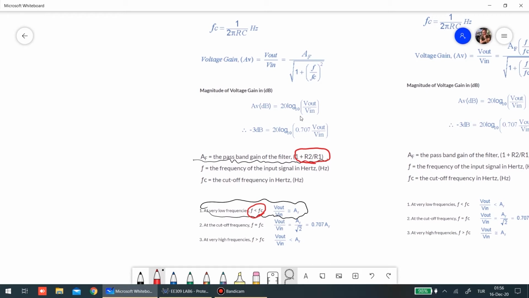For the frequencies lower than the cutoff frequency, the gain should be equal to the passband gain, which is equal to the DC gain of the op-amp for low pass filter.